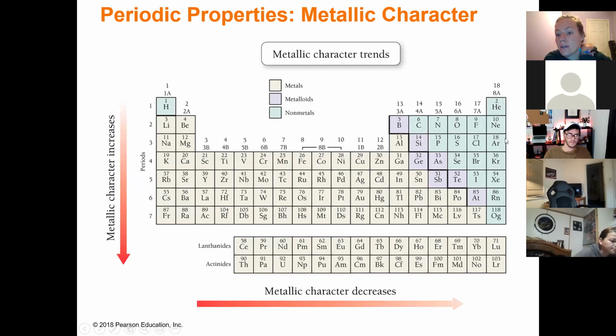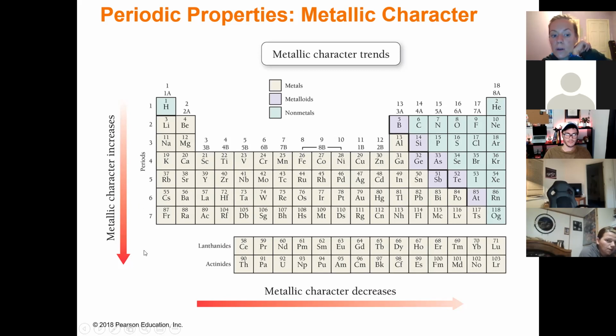So here are our nonmetals, these are metalloids, and then these are metals. And cesium is much more metallic than cobalt, and cobalt is more metallic than copper. If we were to compare nonmetals, obviously sulfur is not a metal, but sulfur has somewhat more metal-like properties than, say, fluorine, because it's closer to the zigzag line.